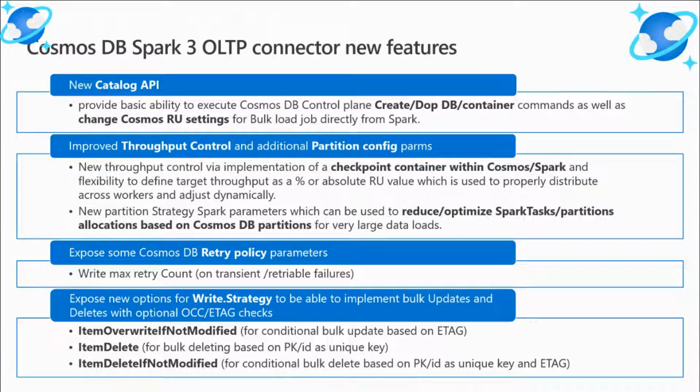We also expose some Cosmos retry policy parameters and new write strategy options for implementing bulk updates and deletes with optional concurrency control detection, which were not possible with the old Spark connector. I'll show you the differences, how we could have done it with the old connector, which is still valuable, and why the new one is better.